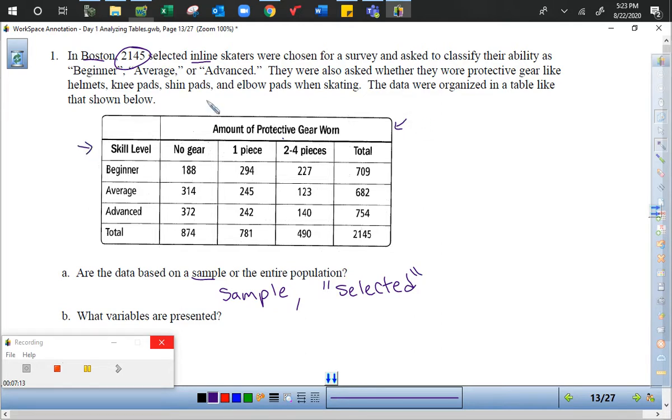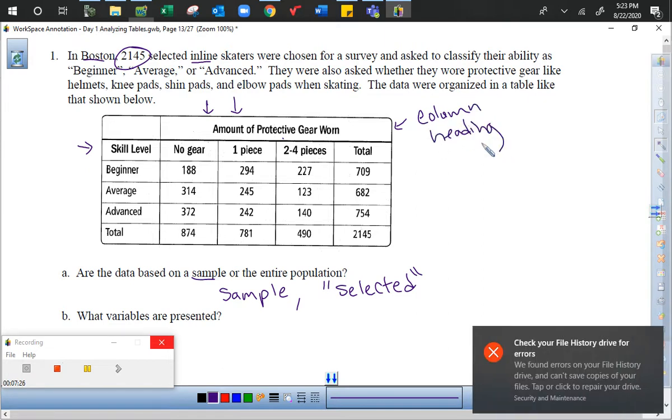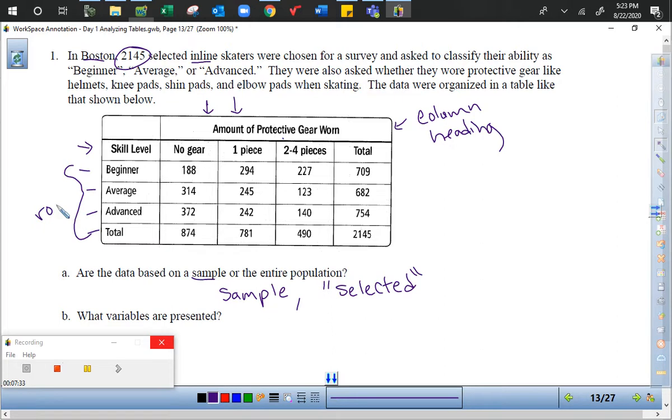Going down, we have the columns. So this is actually a column heading. And over on this side is our rows. So this is our row heading. And that often will give you everything you need to know about variables.